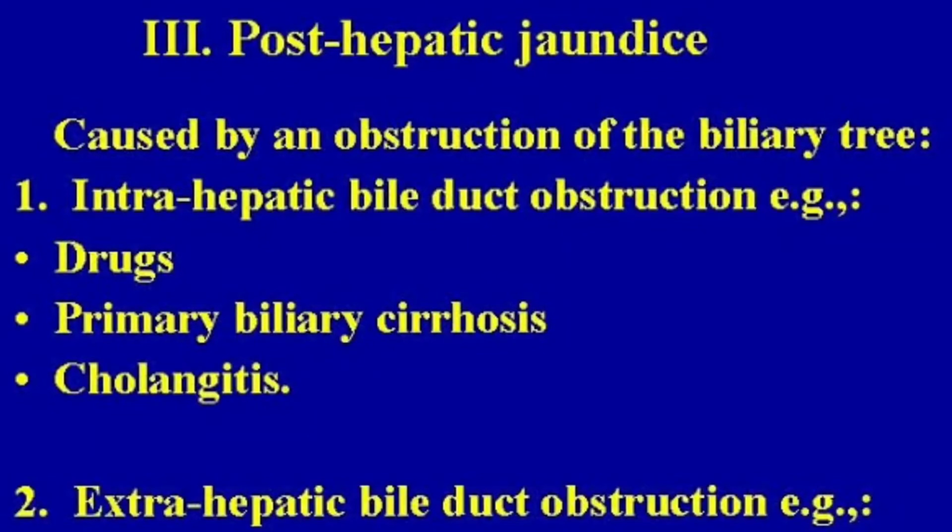And the last one is post-hepatic cholestatic. As the name suggests, the pathology is after, that is post-liver. So it is in the biliary tract. There is obstruction in the excretion of bile juice. That's why it leads to cholestatic jaundice.